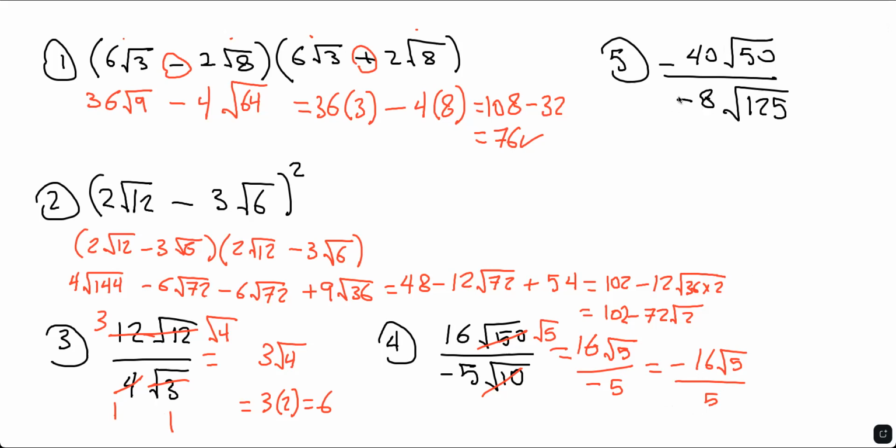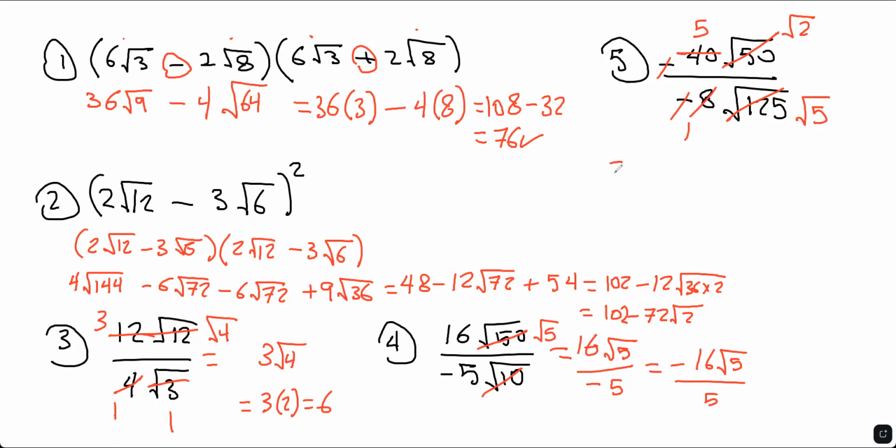This here, the negative cancels the negative. 8 goes into itself once, and goes into 40 five times. So I'm dividing top and bottom by 25, because 25 goes into both of them. So 25 goes into root 50 root 2 times, and root 25 goes into root 125 root 5 times.